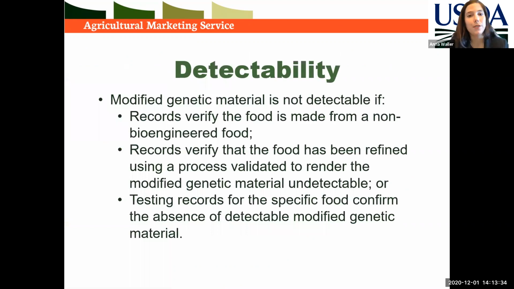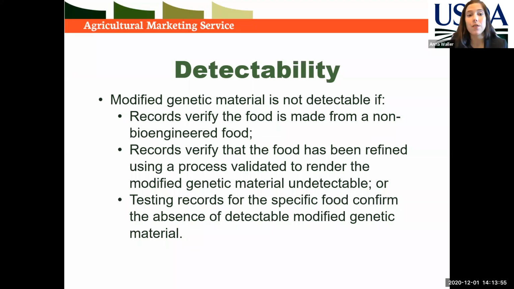If you're using a food that is on the list of bioengineered foods, or a food or ingredient produced from a food on the list, and you do not believe it is a bioengineered food, there are several types of records that will show that it does not contain detectable modified genetic material, and therefore that food or ingredient is not a bioengineered food.